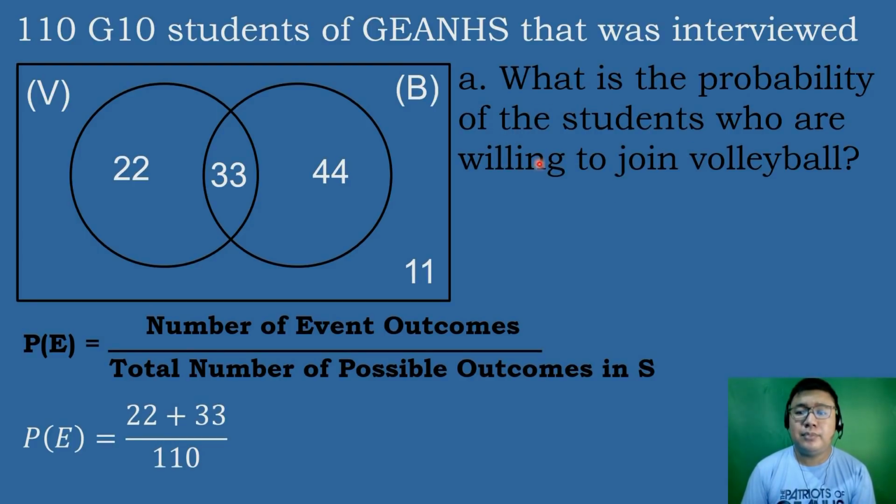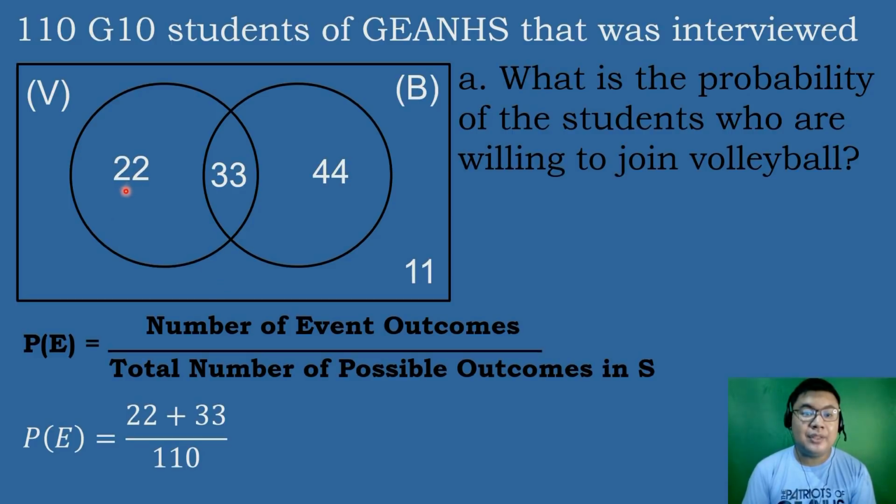We can get the number of event outcomes by adding all the numbers inside the circle of volleyball, because we want the probability of the students who are willing to join volleyball. So we look at the numbers inside the circle of volleyball.